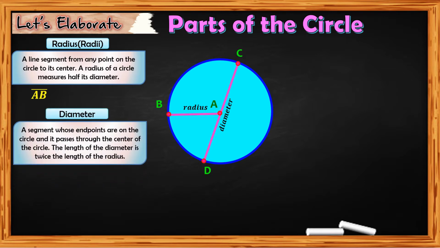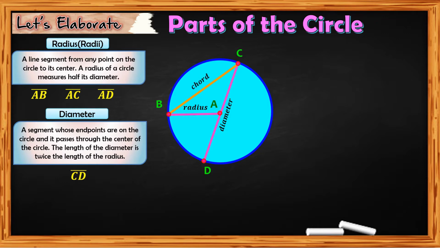Diameter is a segment whose endpoints are on the circle and it passes through the center of the circle. The length of the diameter is twice the length of the radius. So we have line segment CD. Now, if the diameter is twice the length of the radius, therefore a radius of a circle measures half its diameter. So we have line segment AC and line segment AD.